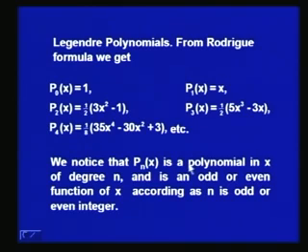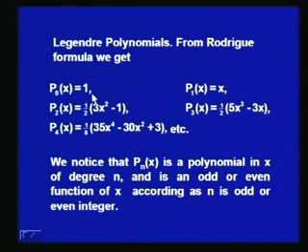Now, let us note that P_0(x) is a polynomial of degree 0, P_1(x) is a polynomial of degree 1, P_2(x) is a polynomial of degree 2, P_3(x) is a polynomial of degree 3, P_4(x) is a polynomial of degree 4. So, P_n(x) in general is a polynomial in x of degree n and is an odd or even function of x according as n is an odd or even integer.